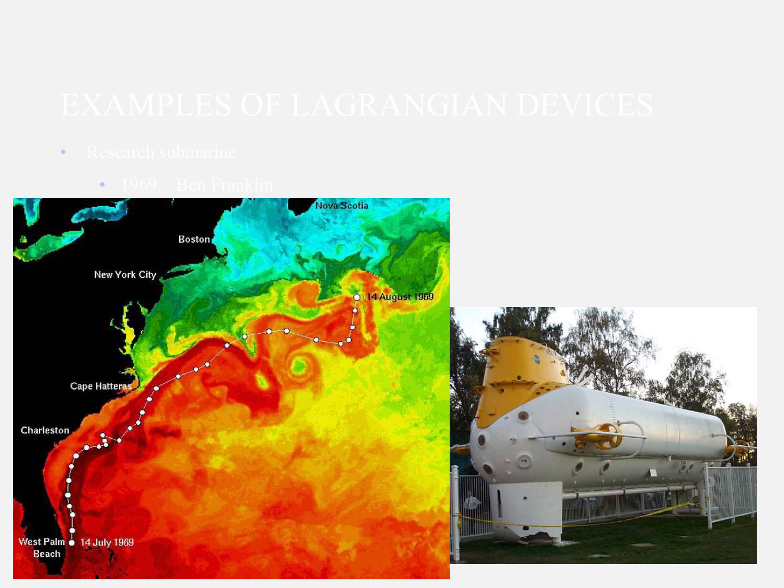Another example for Lagrangian methods are research submarines, and really just one. So this particular one is the Ben Franklin. And so this was in 1969.